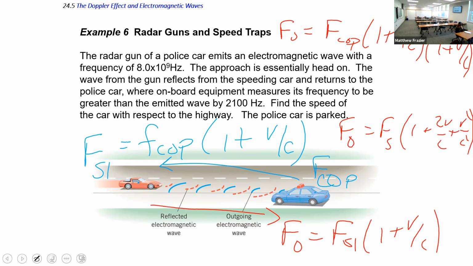But this is where we get into what's called taking an approximation. We've done this before. If you remember when we did periodic motion, when we talked about a pendulum, there was the small angle approximation, which says if your angle is small, you can assume that sine of the angle equals the angle itself in radians.